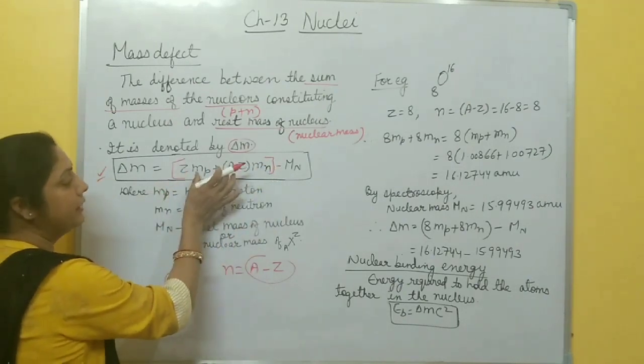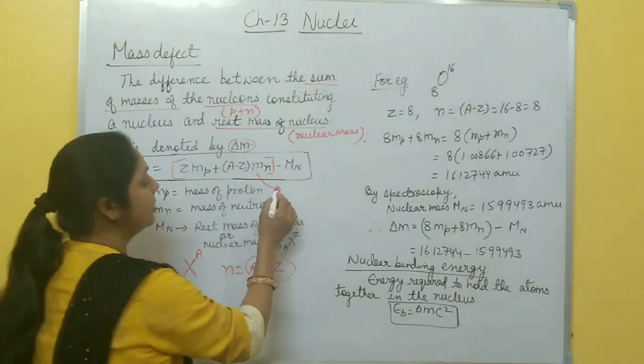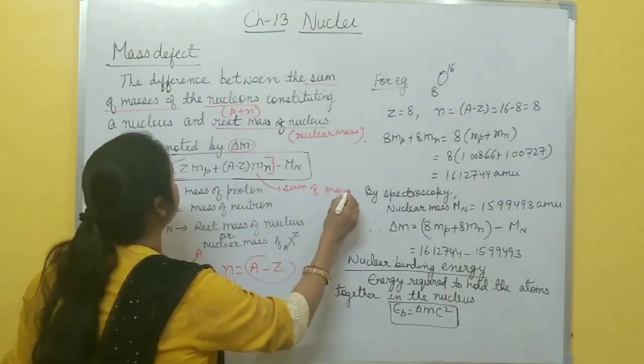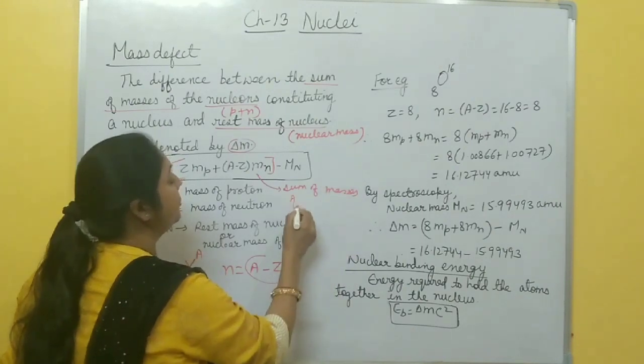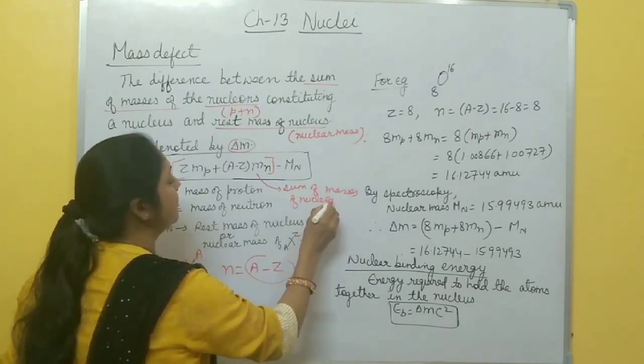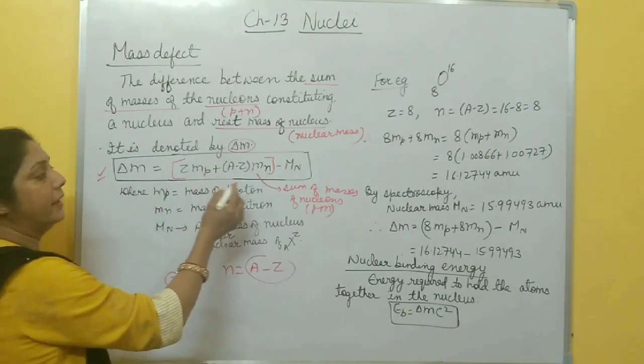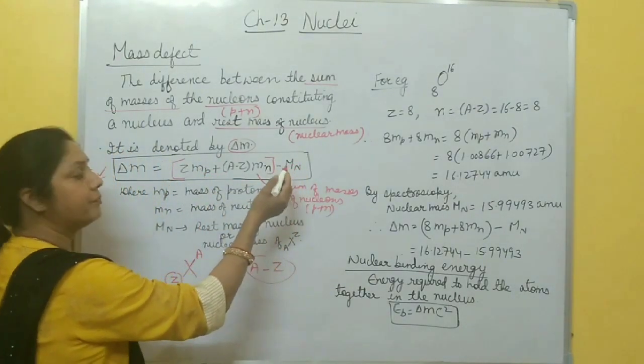The term inside the square bracket gives the sum of masses of nucleons, protons plus neutrons, and this is always greater than the rest mass of the nucleus.